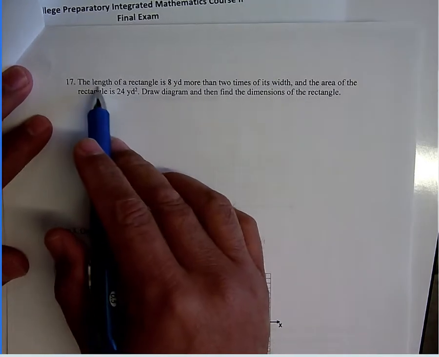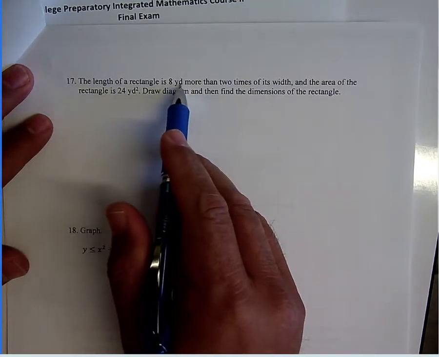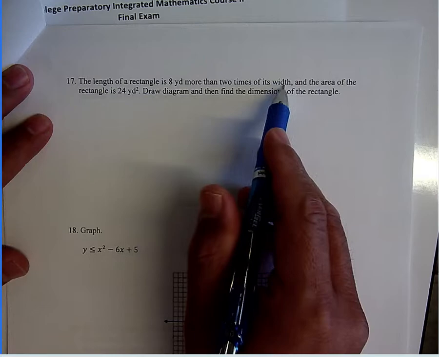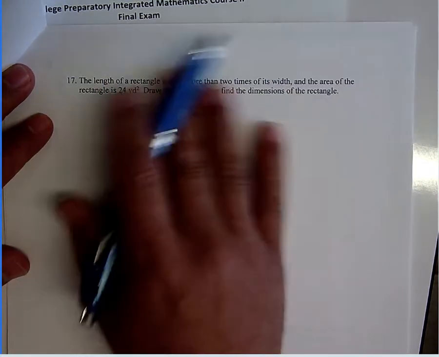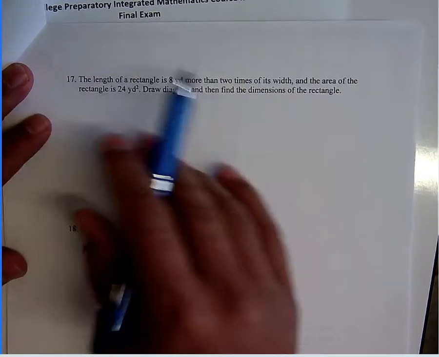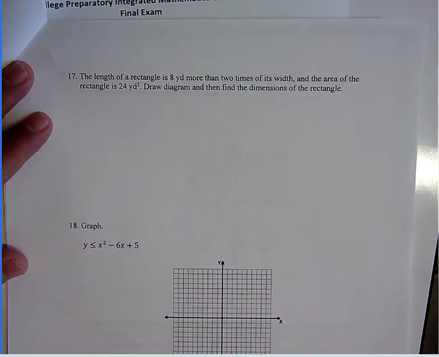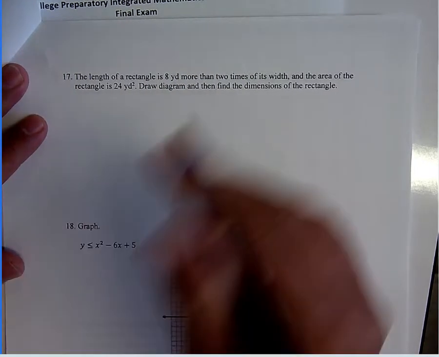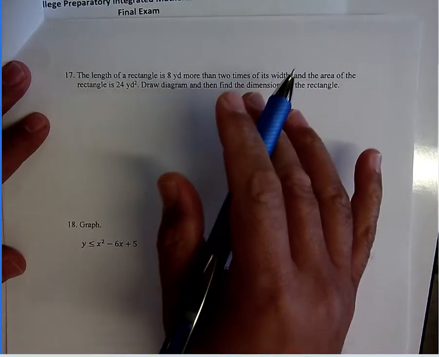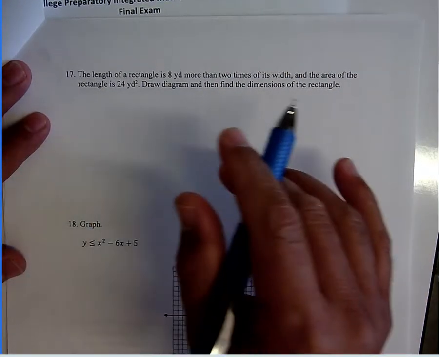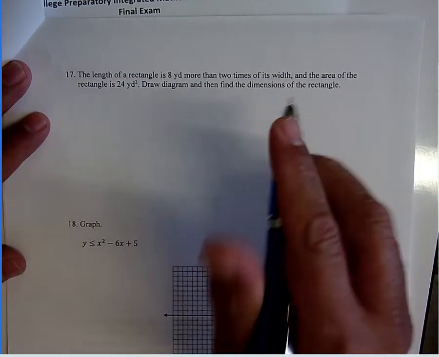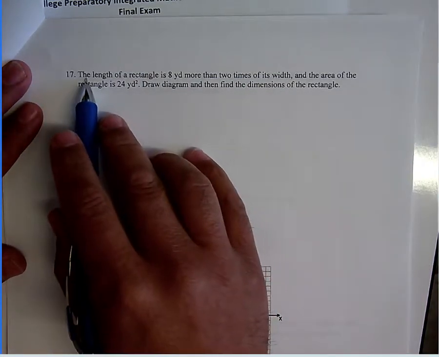This is talking about the length of a rectangle is 8 yards more than 2 times its width. This is the question that I gave you in that section where you need to translate, the 2.4, 2.5, one of those. This is where this comes from, and we did cover it like 2 sections, 2 days. That was the last section.